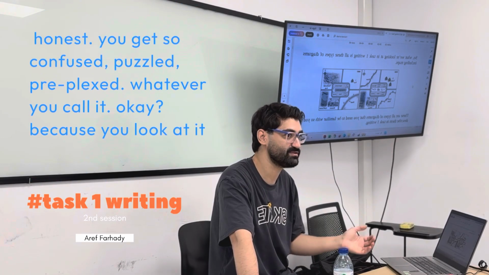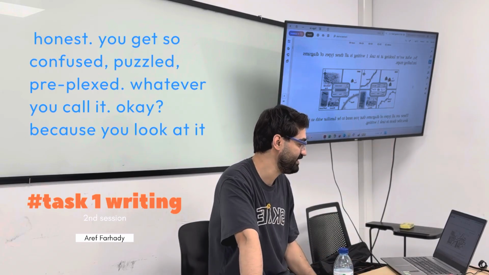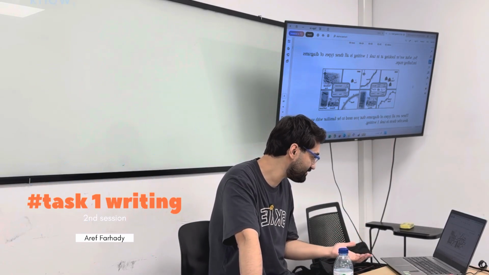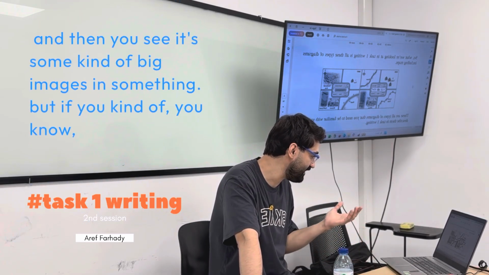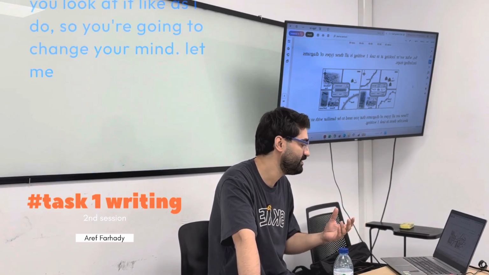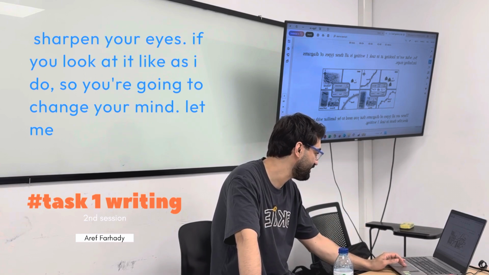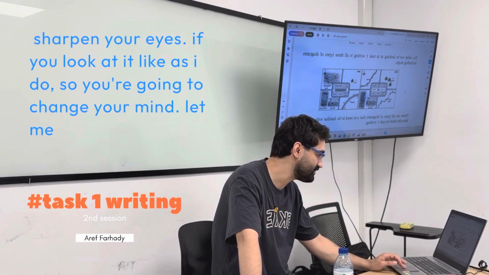You get so confused, puzzled, perplexed, whatever you call it, because you look at it and you see some vague images. But if you sharpen your eyes, and look at it like I do, you're going to change your mind.